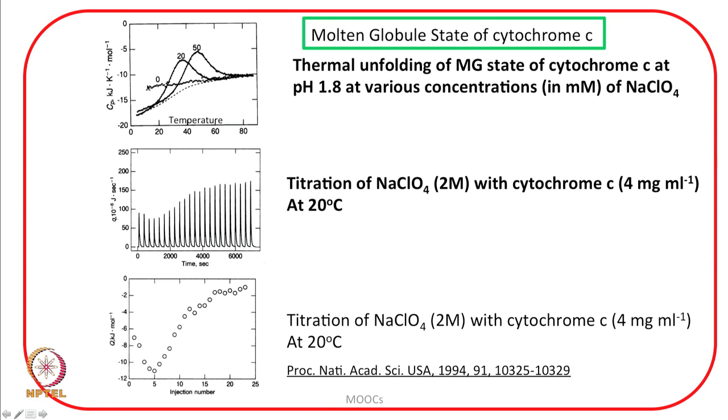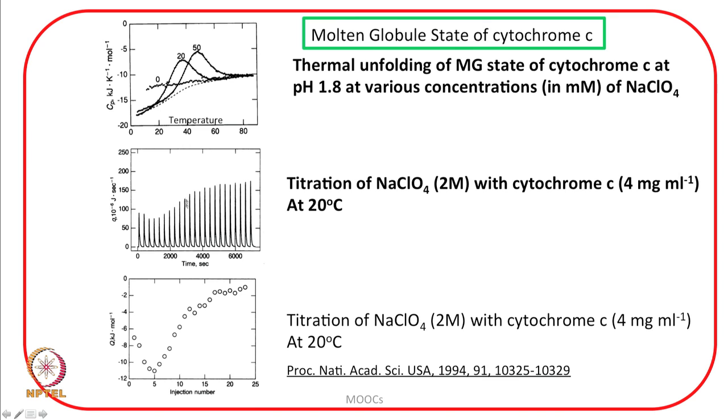However, when you add 20 millimolar sodium perchlorate, we get a well defined thermal transition. When you increase the concentration of NaClO4 to 50 millimolar, the thermal transition temperature further increases. That means NaClO4 is inducing renaturation or is inducing structure in the unfolded protein, and these authors termed these states as molten globule states.